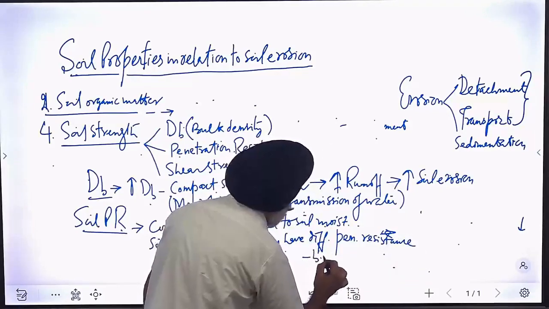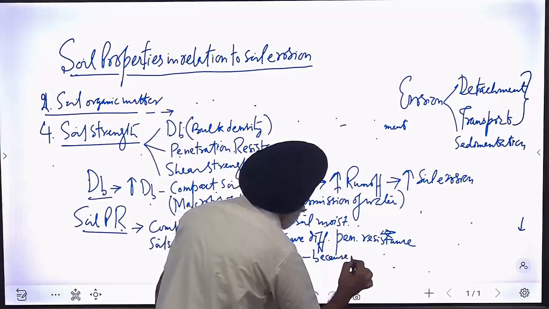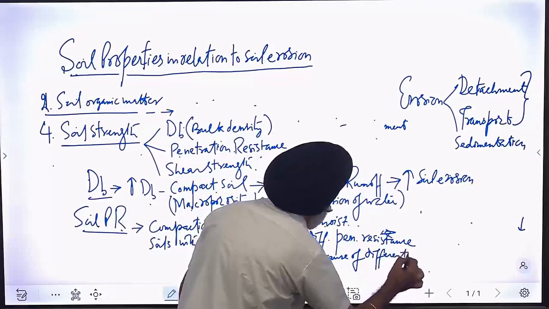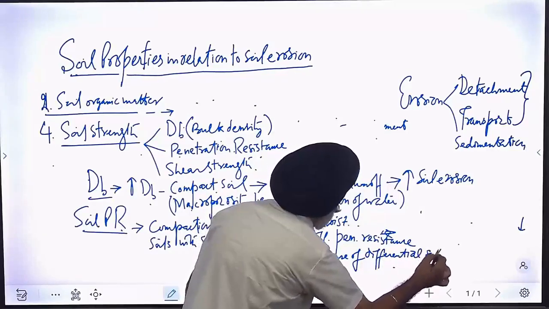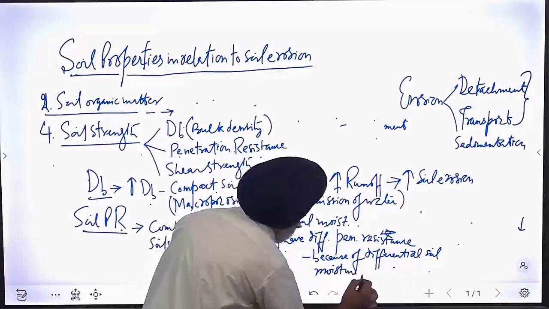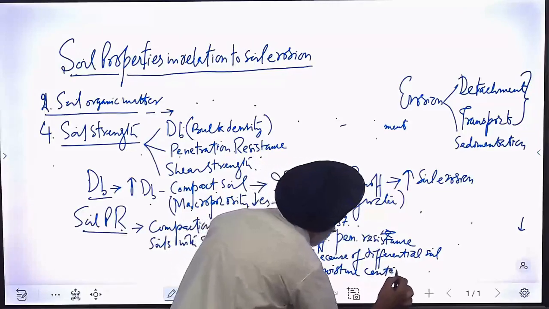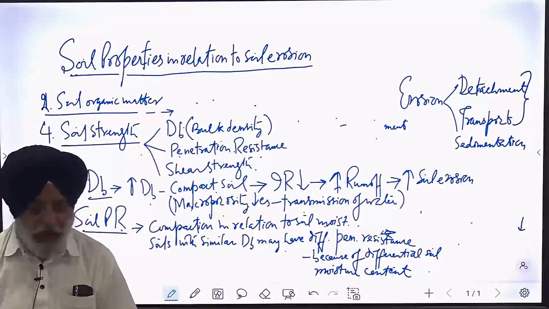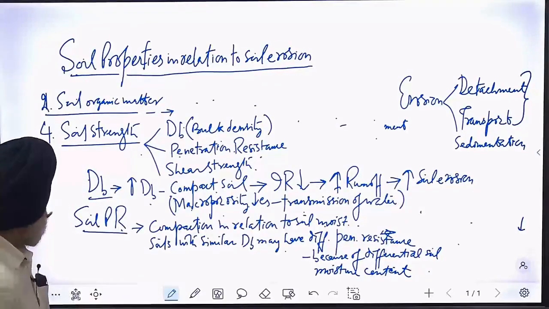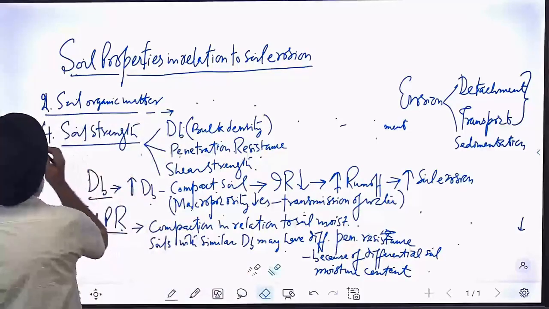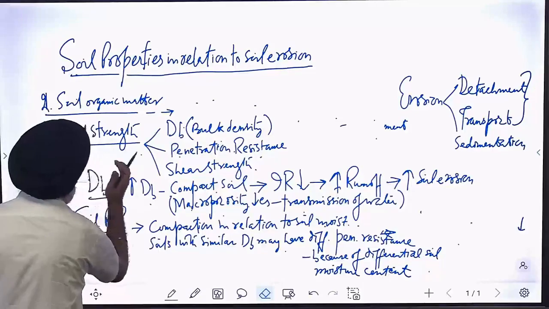Because of differential soil moisture content. So, this is how the soil penetration resistance affects. Then, coming to the third, that is shear strength.